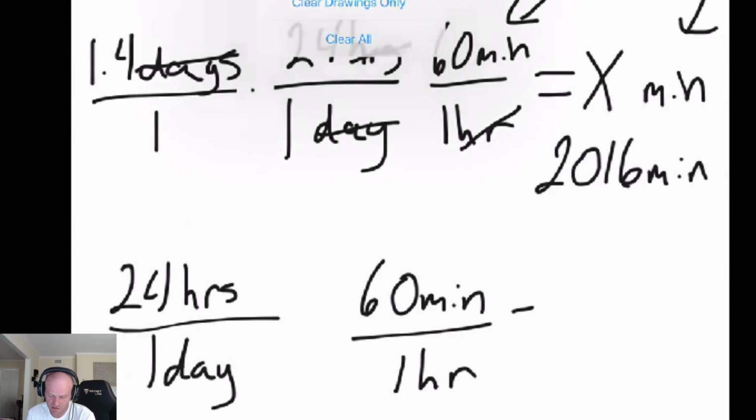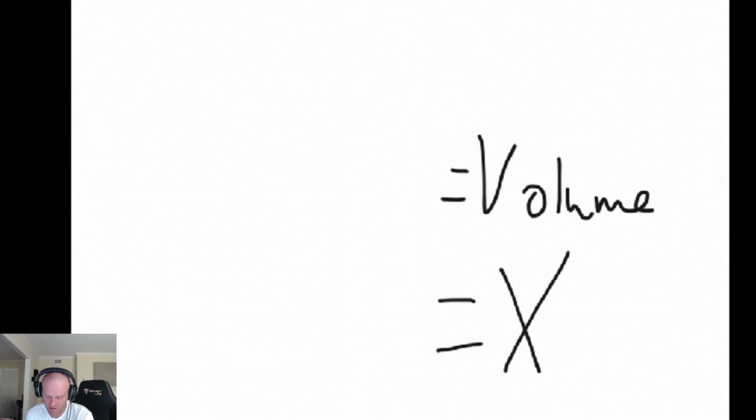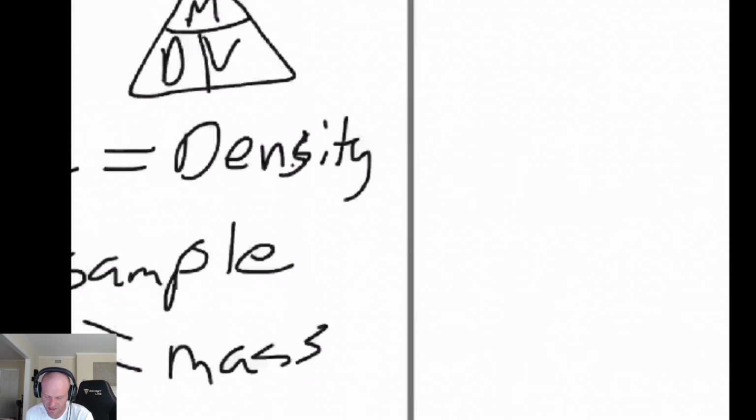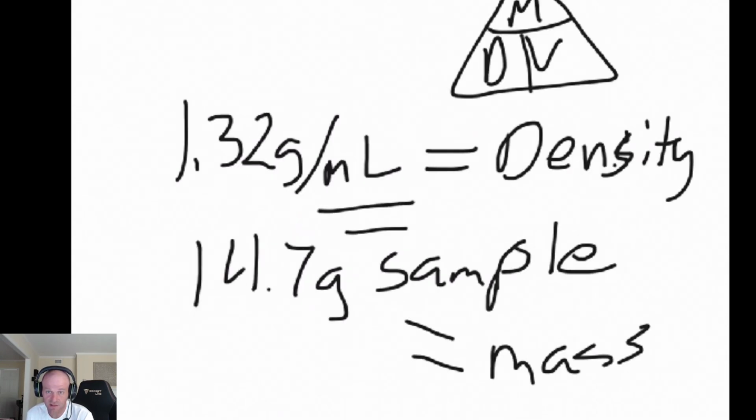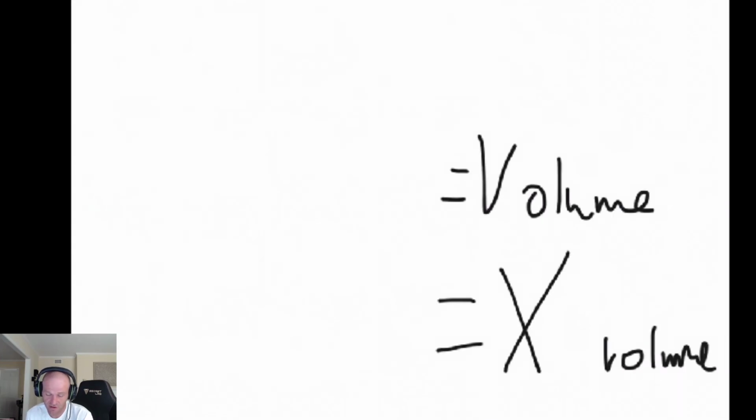Clear all this. So volume is going to be on the right side. Let me leave a little space. X volume. And since they gave me the volume and density in milliliters, I'm going to use milliliters for my answer because I know that's the unit I'm going to end up with.